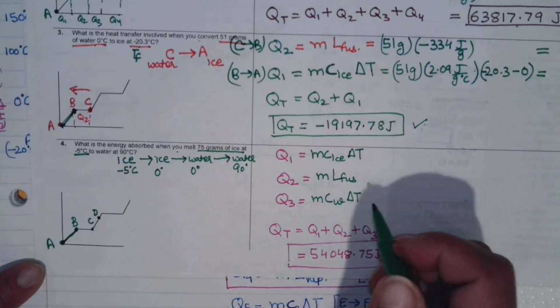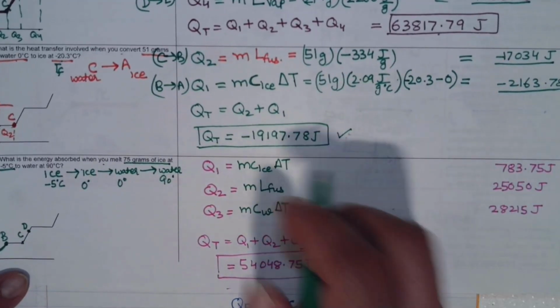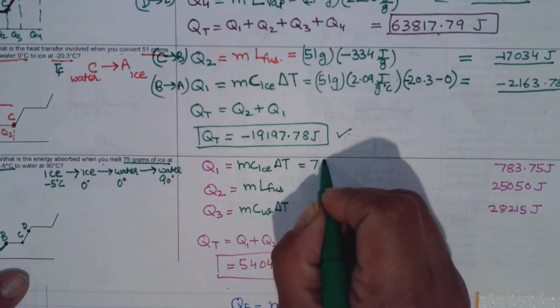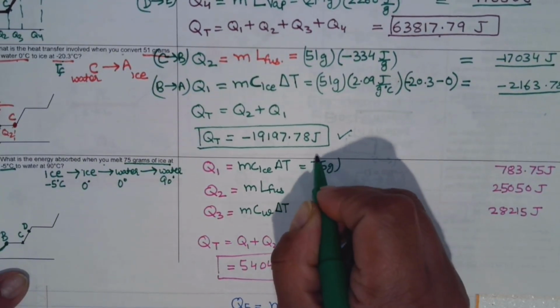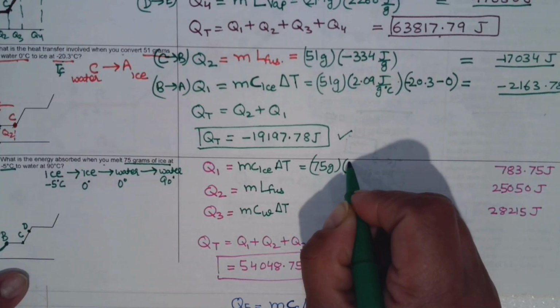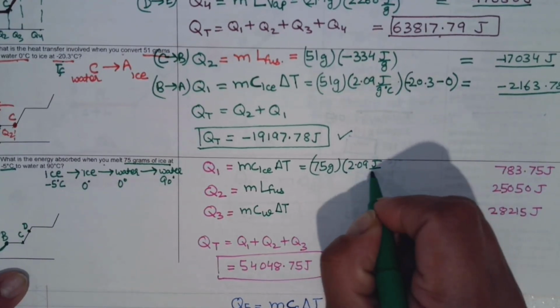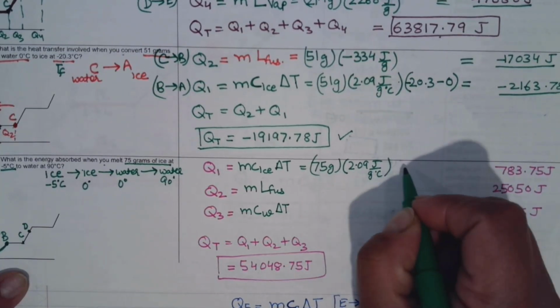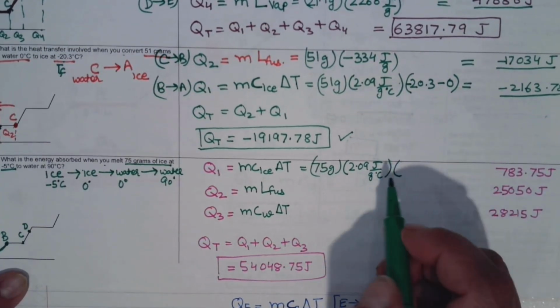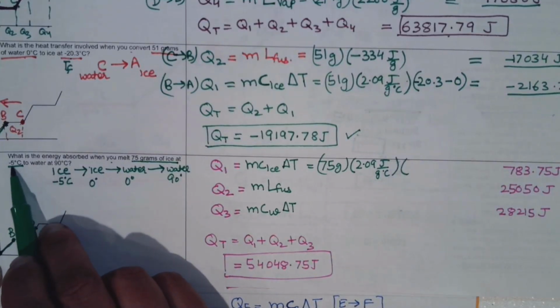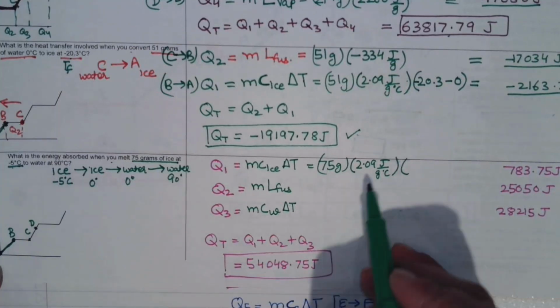Right? So Q1 would be mass is 75, specific heat of ice is 2.09 joules per gram Celsius, and delta T would be, we are starting with -5 and we are going to 0.